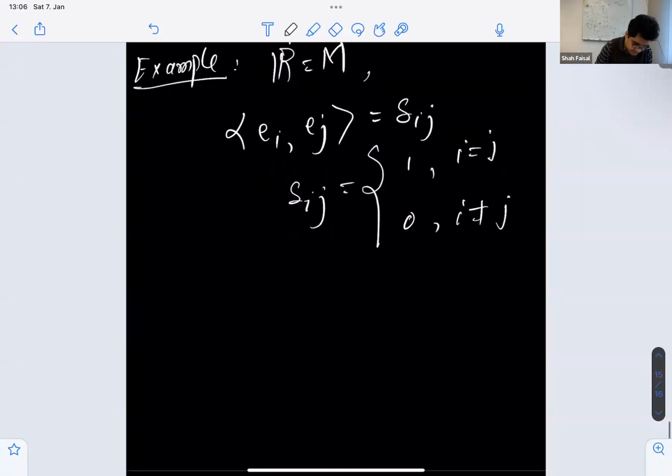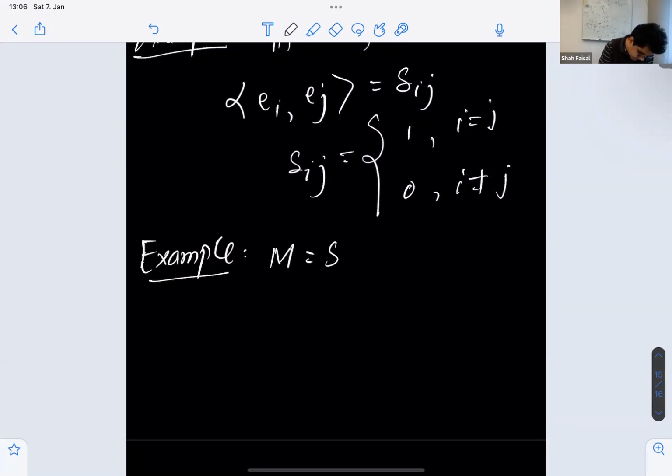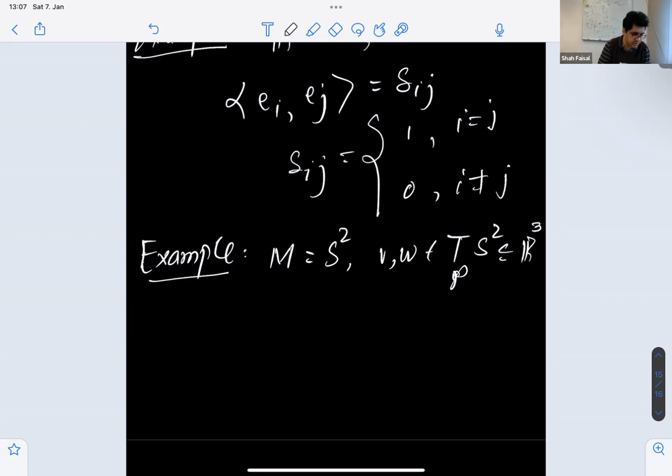So a slightly non-trivial example. Let's say my manifold is now the sphere. If I take two vectors in the tangent space at some point of the sphere, this tangent space sits in R3, so you can see these two vectors as vectors in R3.